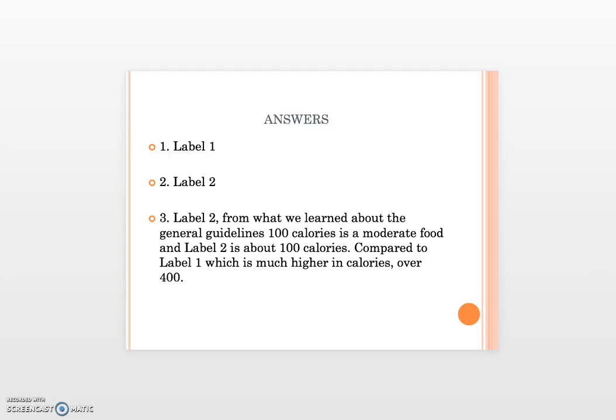From what we learned in the general guidelines that I asked you to copy down earlier, 100 calories is a moderate food. And label number 2 has about 100 calories, compared to label number 1, which is much higher, over 400. And remember, we said that over 400 is very high.